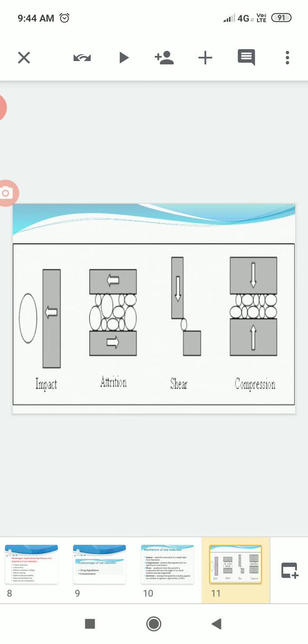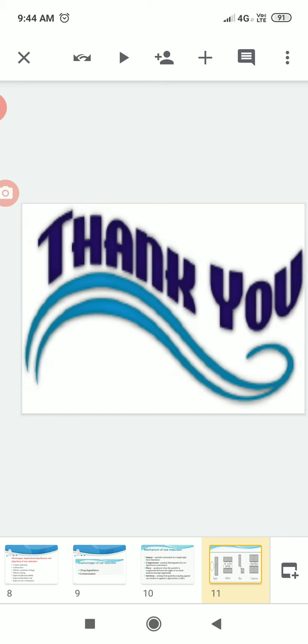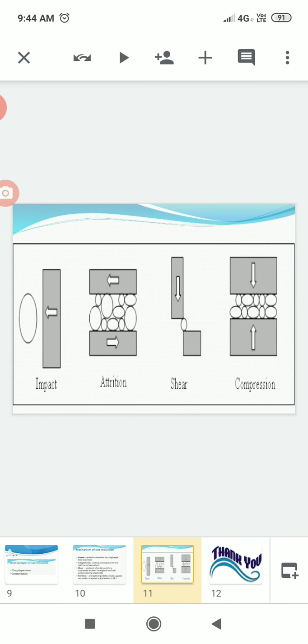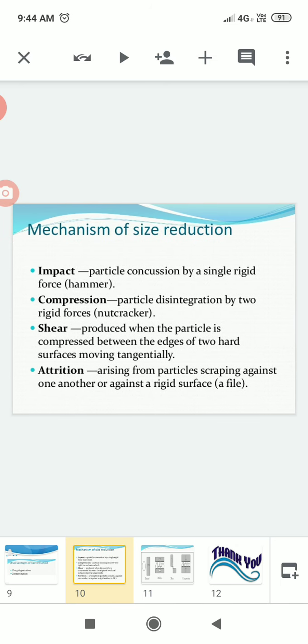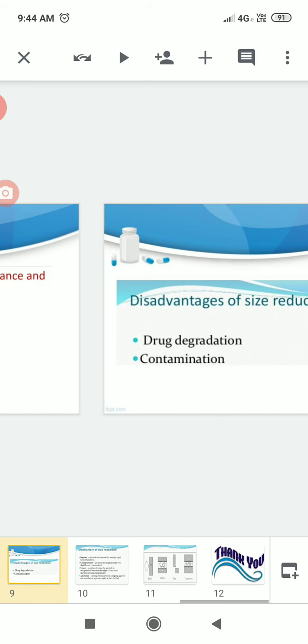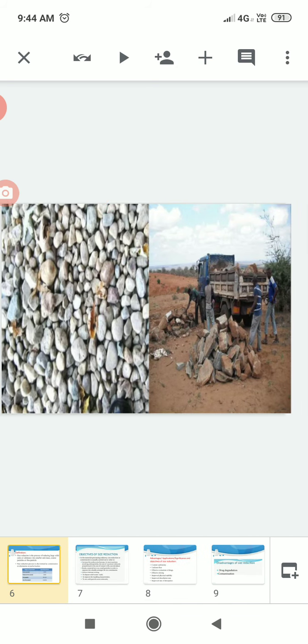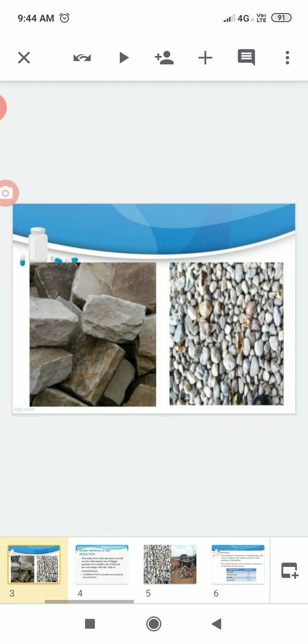Okay, this is the diagram. This is all about today's class, in which we have covered the basic introduction part of size reduction.